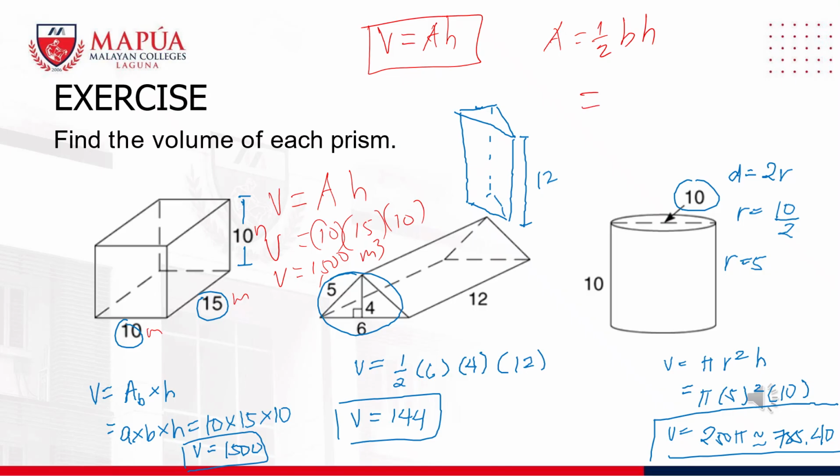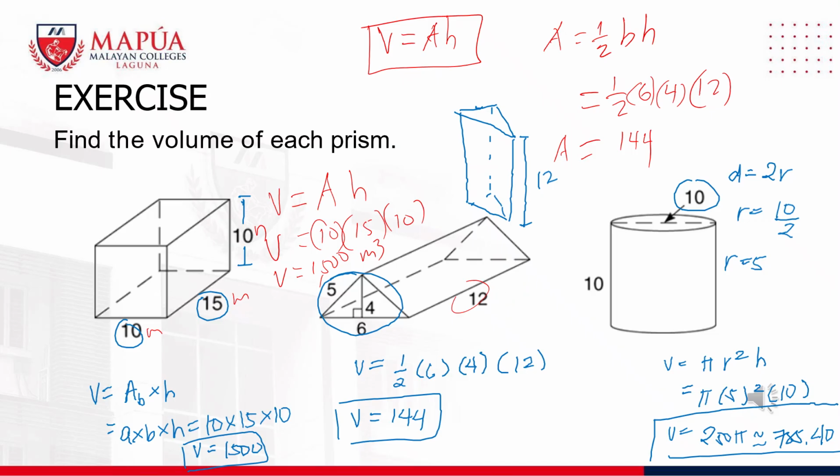In this case, if this is the base, which is 6, so 1/2 times 6 times the height, which is 4. The height is 4. Then multiplied by this, which is the height of the prism, 12. So we have area equal to 1/2 times 6 is 3, times 4 is 12, 12 times 12 is 144. So if this is in centimeters, the unit will be centimeter cube.